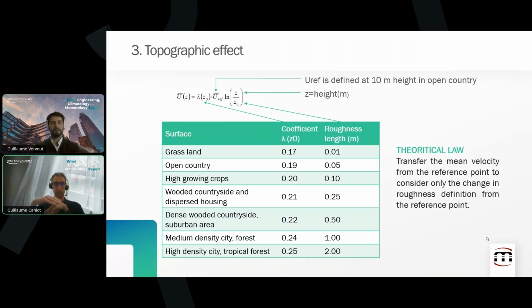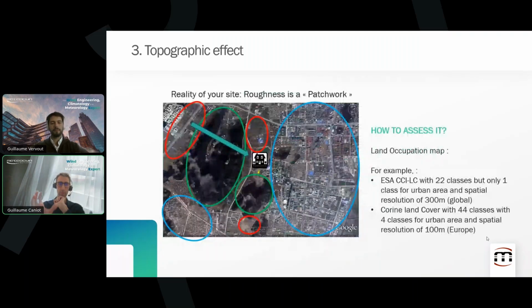Okay, so we have seen some different classes. Now the reality is a bit more complex. If you have a look at your site, in the previous law we saw a transfer from open country to another one, and this is uniform.